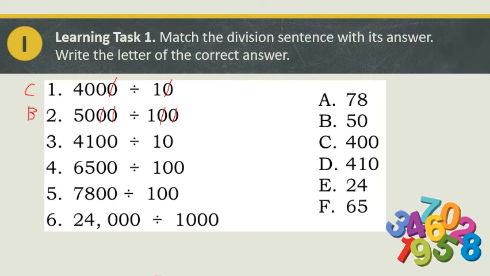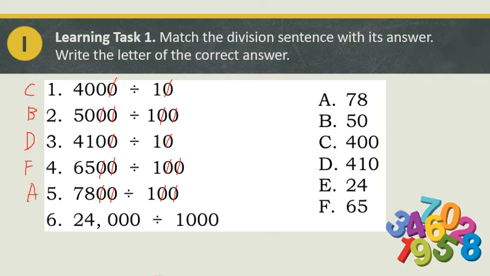For number 3, 10, we remove just one zero. So the answer is letter D. For number 4, there are two zeros, 1, 2, so we also remove two, 1, 2. So 65, letter F. When subtracting, we always start from the right. Here, 7,800 divided by 100: two zeros again, 1, 2. So the answer is 78.